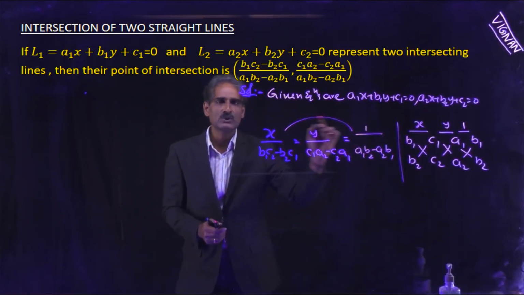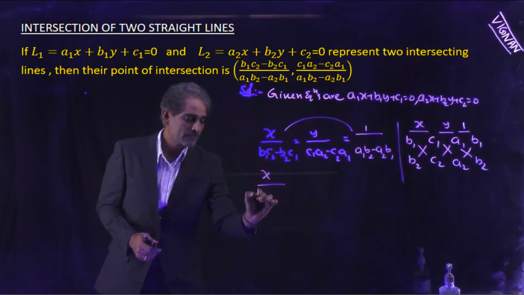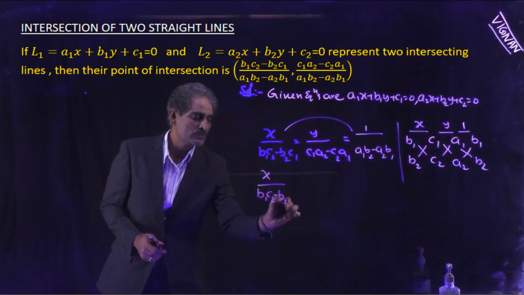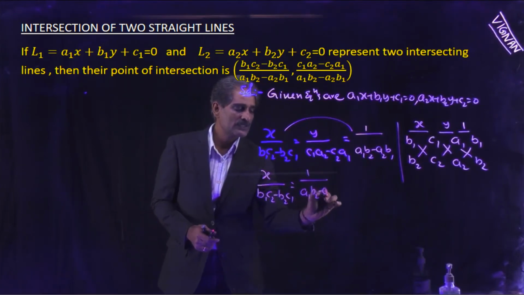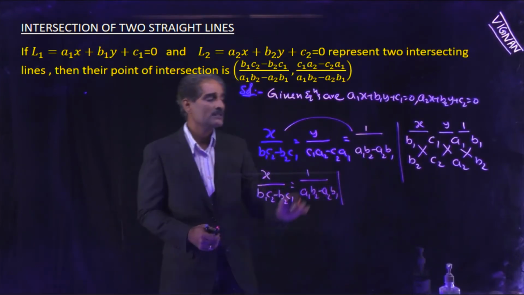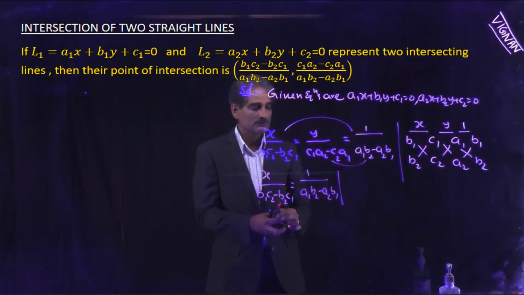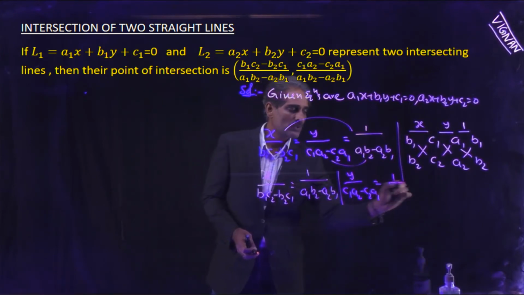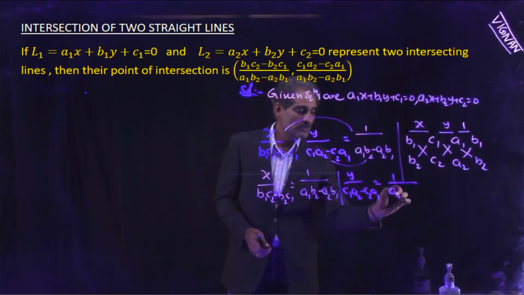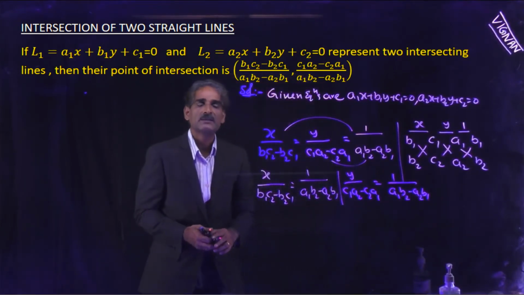Now equating these, we get x by B1C2 minus B2C1 equal to 1 by A1B2 minus A2B1. Similarly equate the y term and the constant term: y by C1A2 minus C2A1 is equal to 1 by A1B2 minus A2B1.